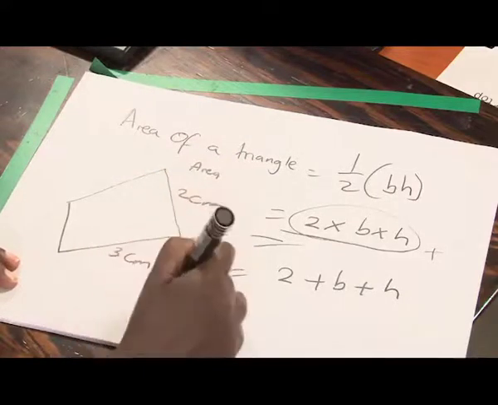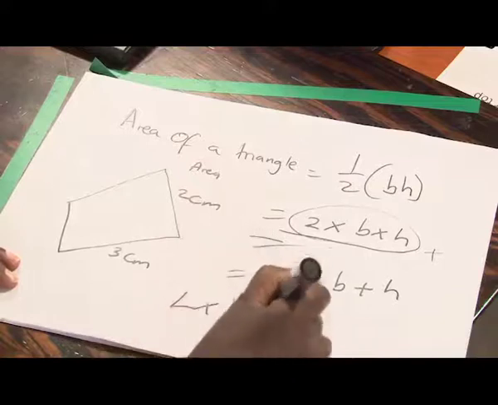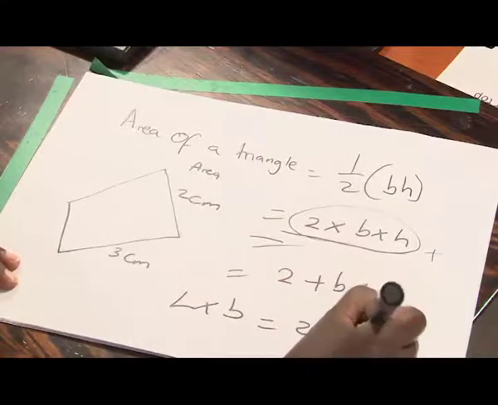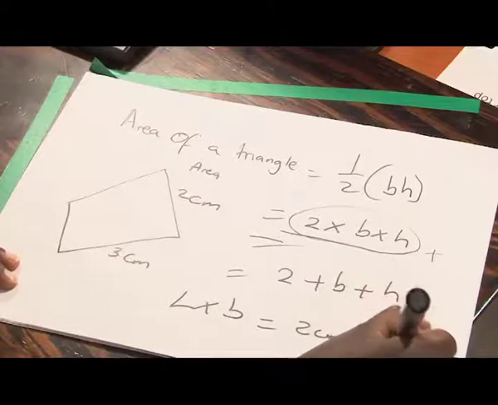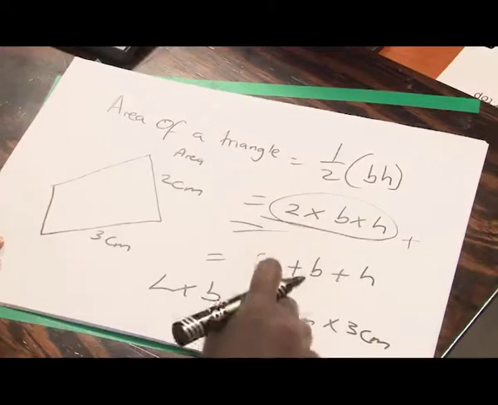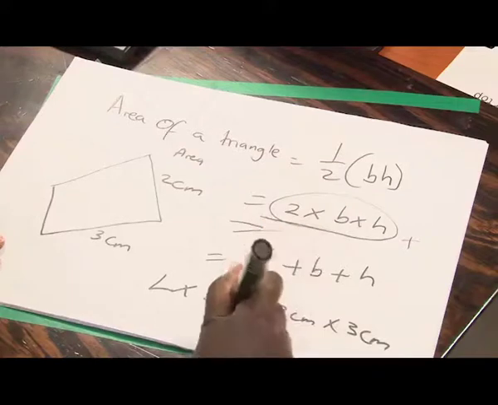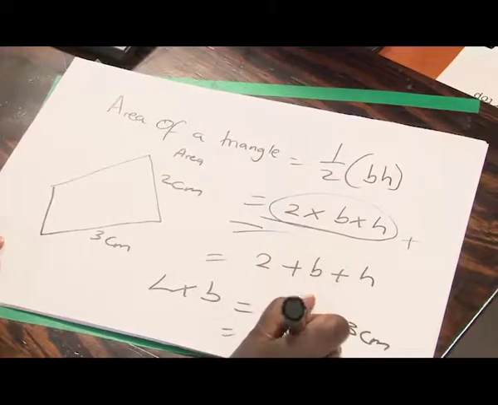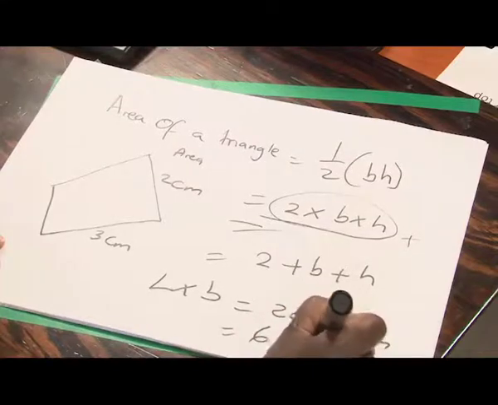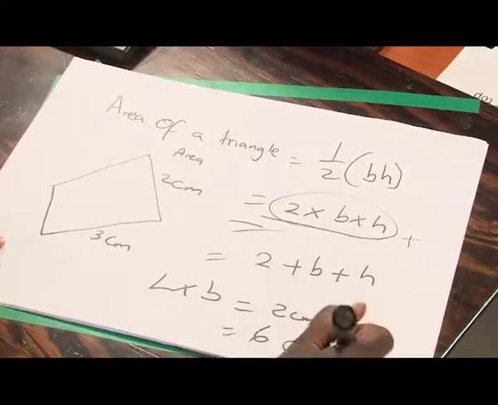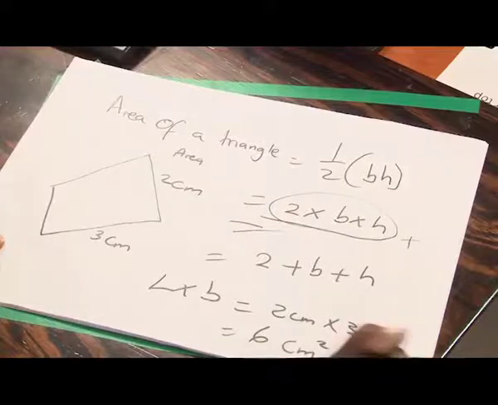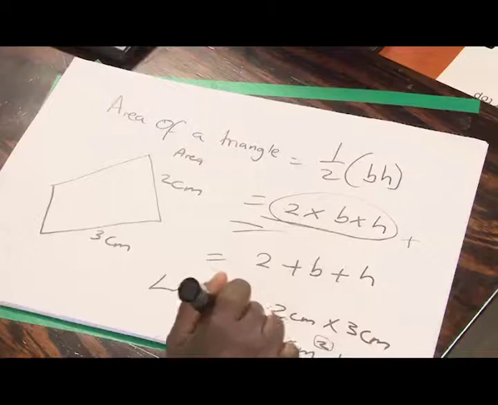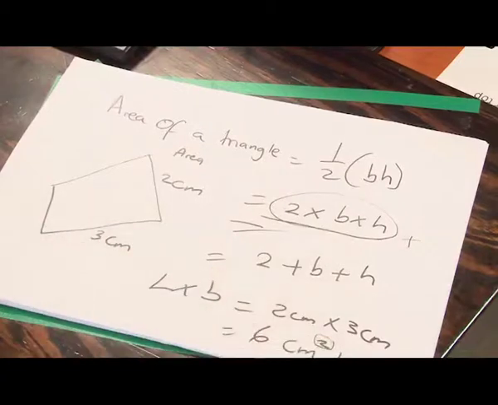Now, if it's length times breadth, this is equal to 2 centimeter times 3 centimeter. You are calculating 2 times 3 is 6. Now you have centimeter times centimeter, then you know it is a centimeter square, and it's not equal to centimeter.